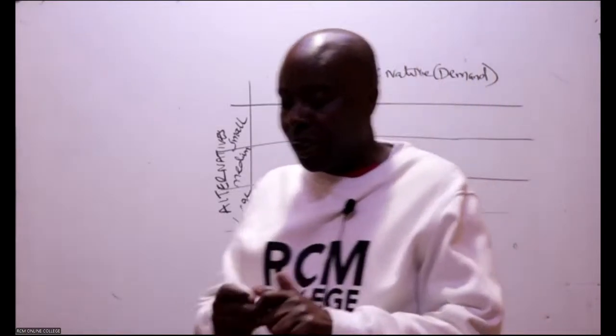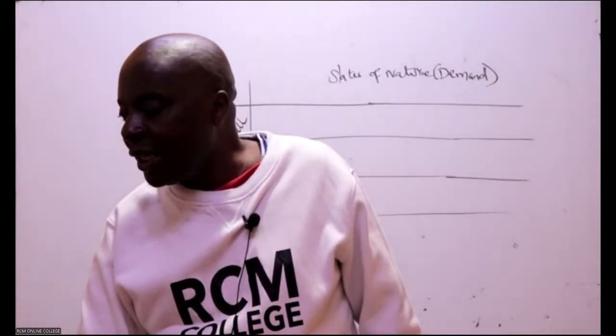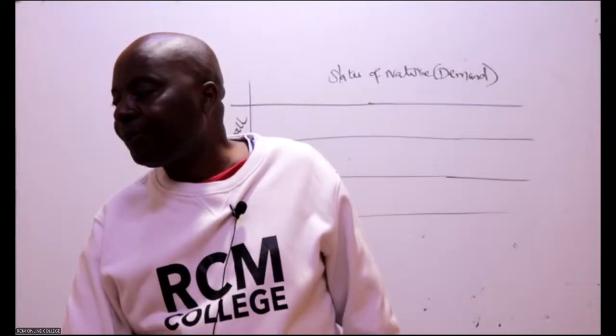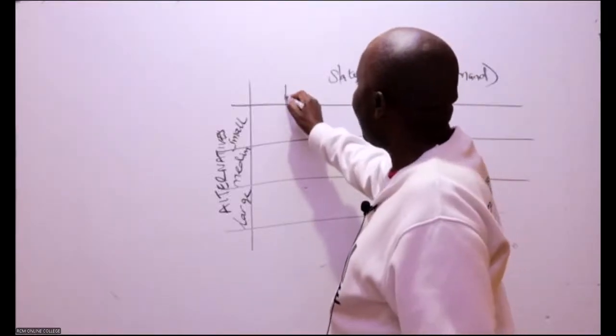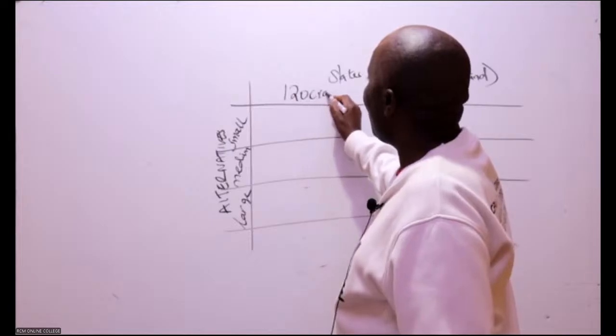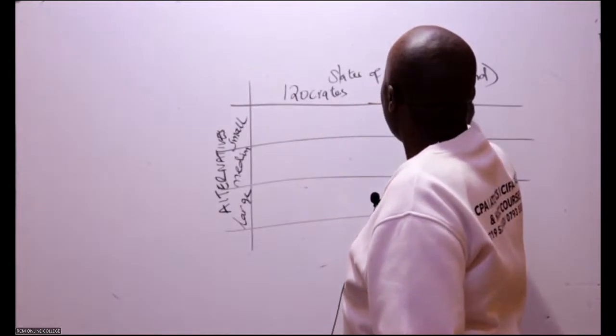They have told us that at the end of the day, we expect the demand to be either 120 or 190 crates. So 120 crates. I can even write here crates just to make myself bigger. 190 crates.